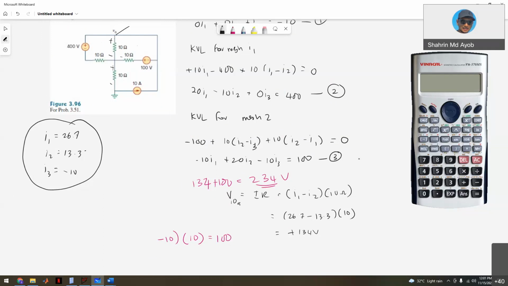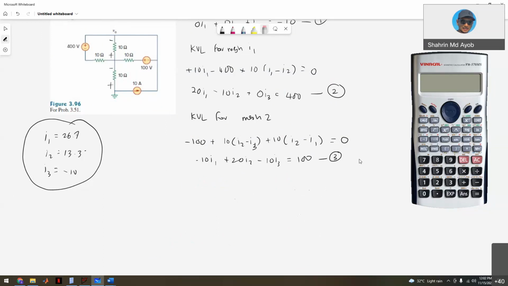What if my assumption is like this? This one negative, this one positive, this one negative, this one positive. Okay, let's try. So my VO is equal to negative V10A, negative V10B, right?